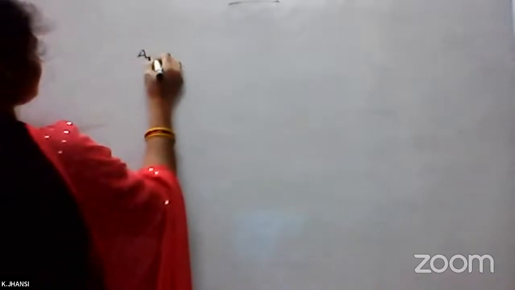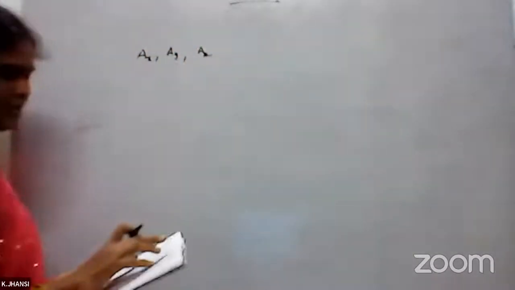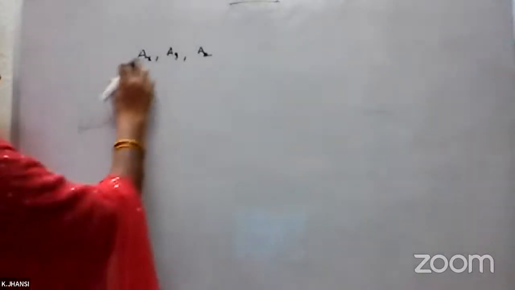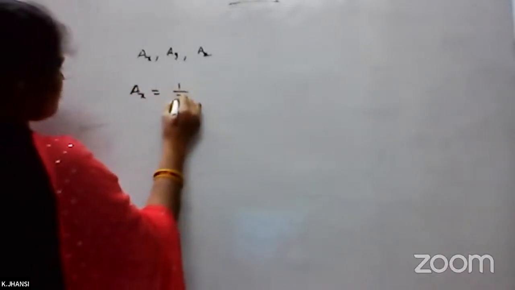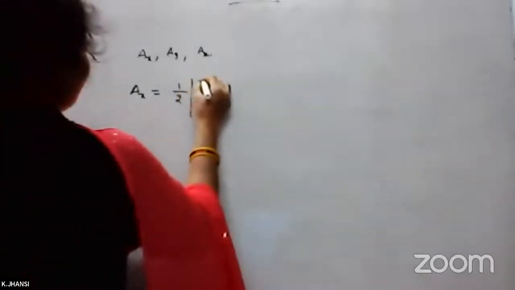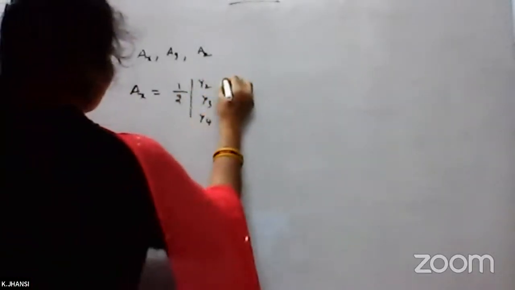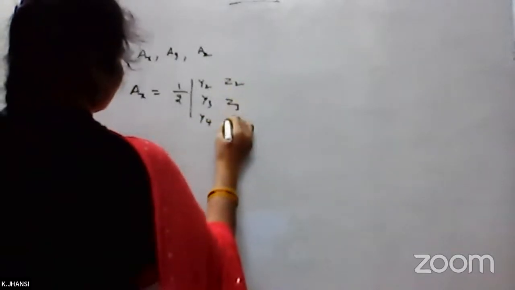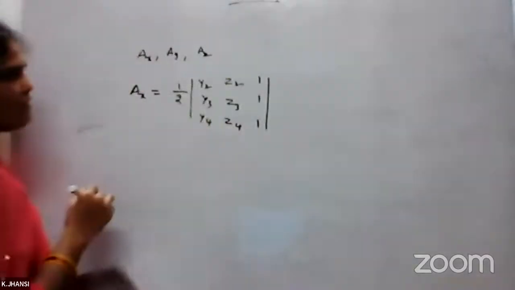So AX, AY, AZ are the three areas we have. To find the area, first one AX equals 1 by 2 determinant of Y2, Y3, Y4, Z2, Z3, Z4, 1, 1, 1. Okay, this is the formula we have.